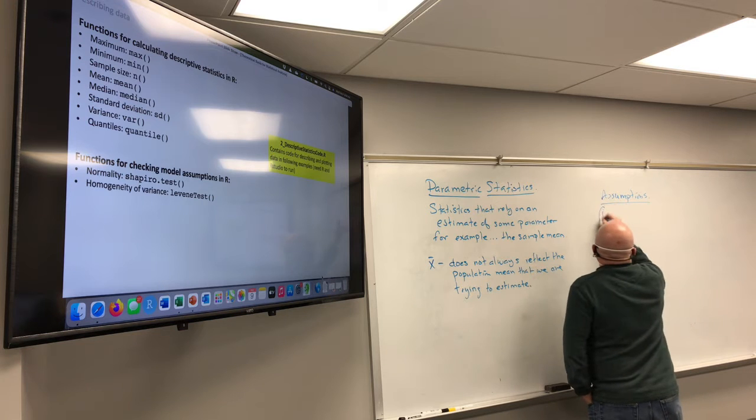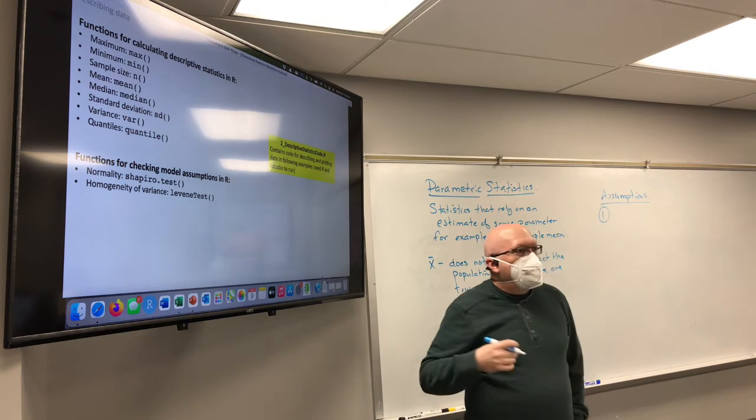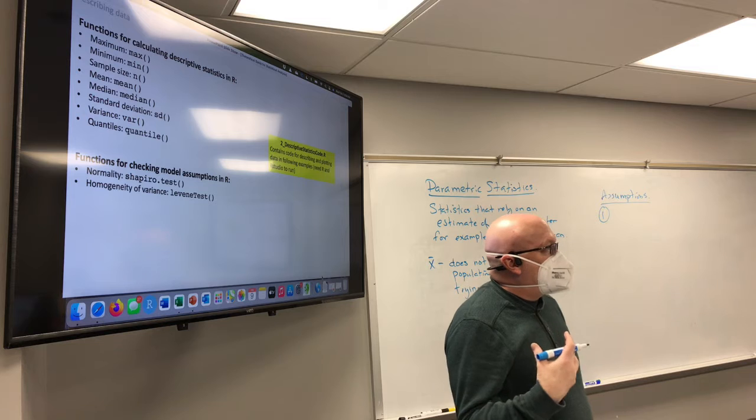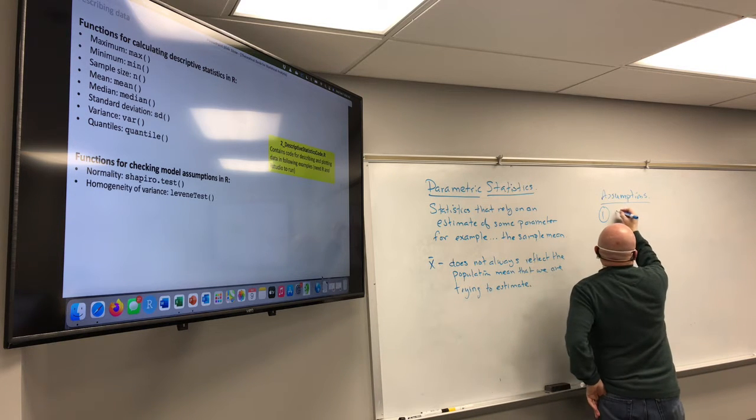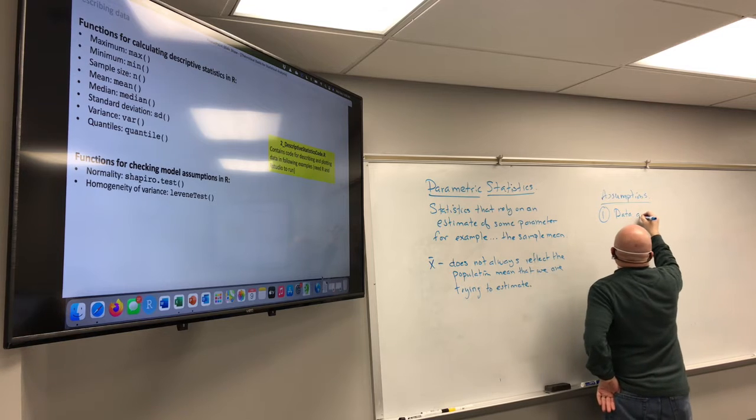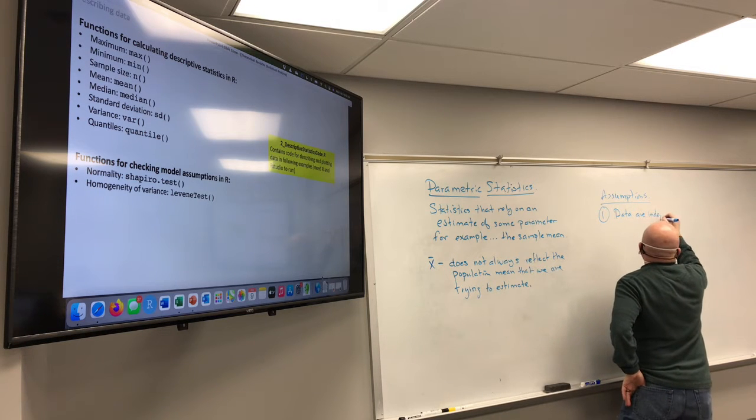The first assumption, and it's an assumption that you can make because you generally set up your sampling scheme to account for this, is that the data are independent from one another.